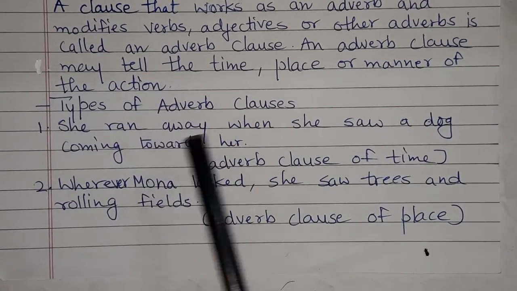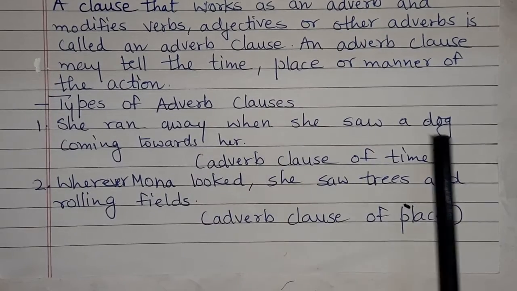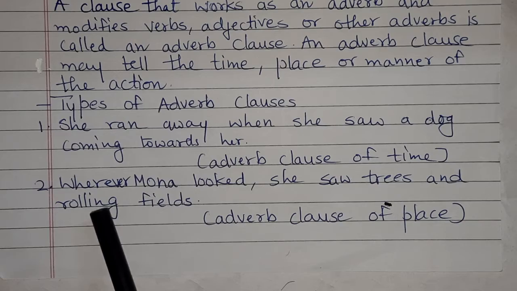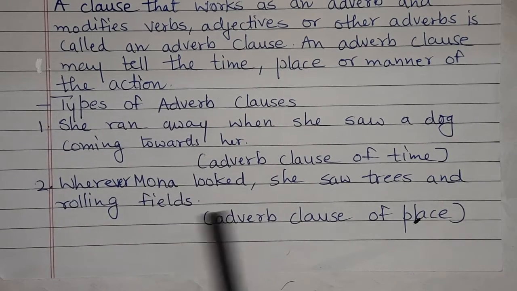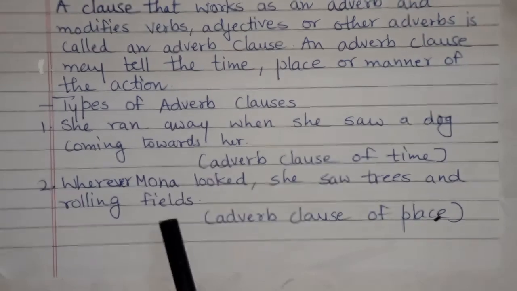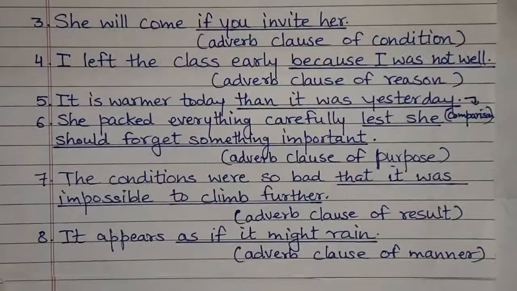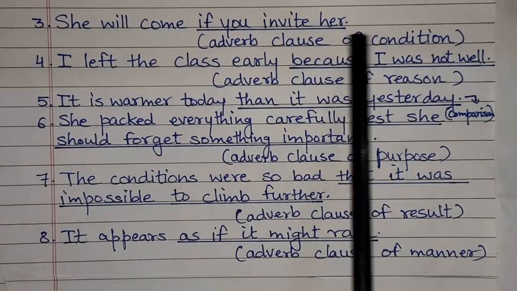Types of adverb clauses. She ran away when she saw a dog coming towards her. Adverb clause of time. Wherever Mona looked, she saw trees and rolling fields. Adverb clause of place.